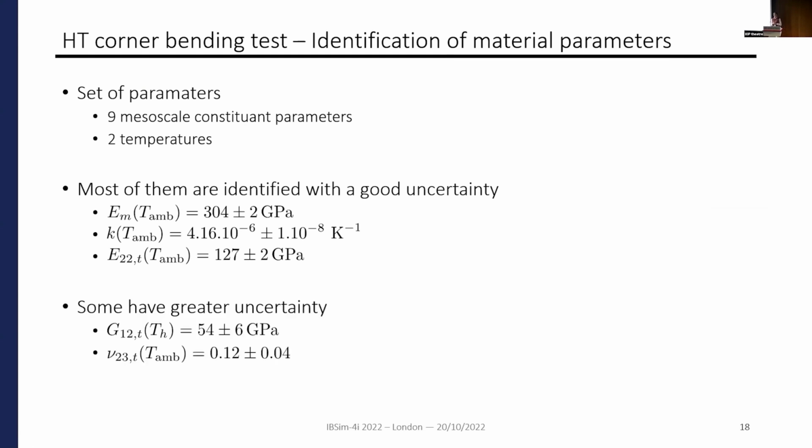But some other parameters have greater uncertainty. That means that their influence in the given configuration is not so important. So it's not always a problem. It depends on how representative the experiment is of actual operating conditions.